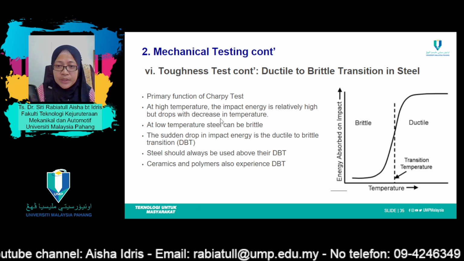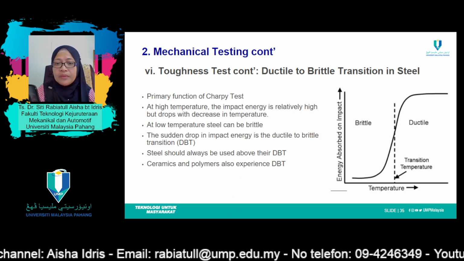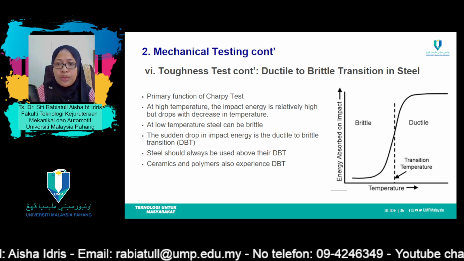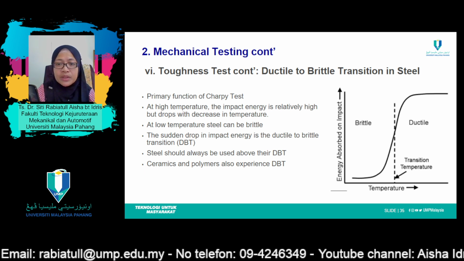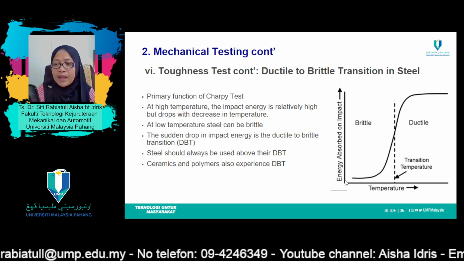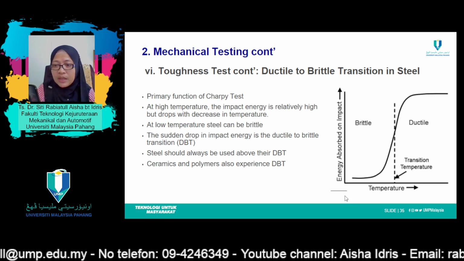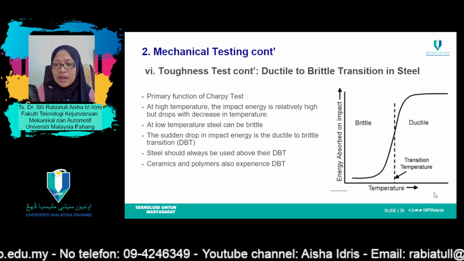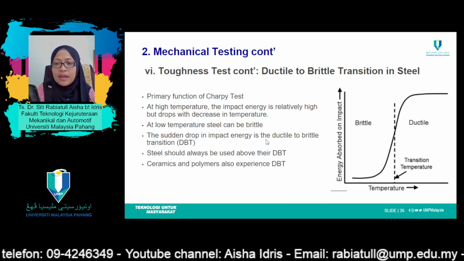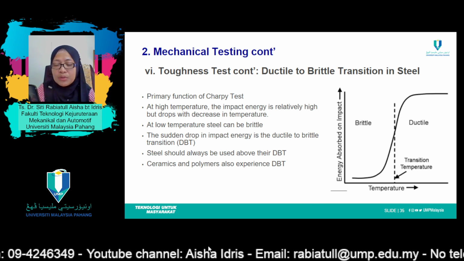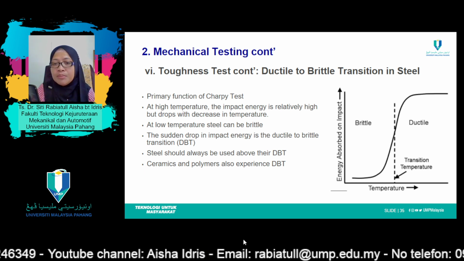Okay, at high temperature, the impact energy is relatively high, but drops with a decrease in temperature. At low temperature, it can still be brittle. So by referring to this figure over here, the sudden drop in impact energy is the ductile to brittle transition, or DBT.